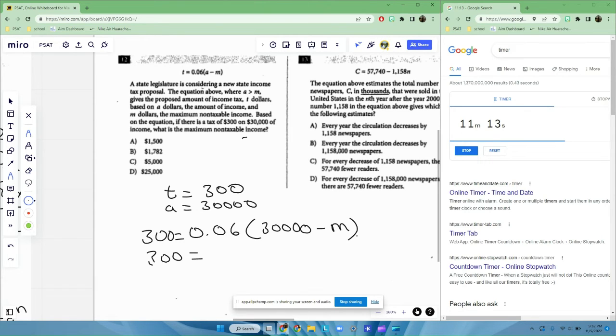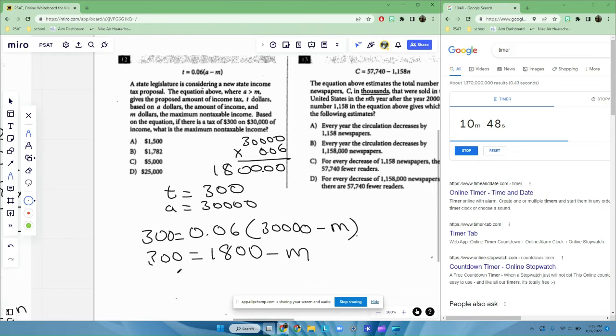So that is equal to 180. Okay, 18. So that should be 1,800 minus m. Now we have this.